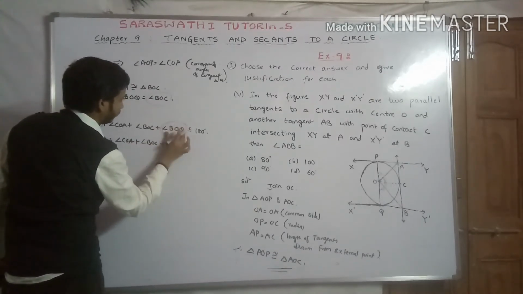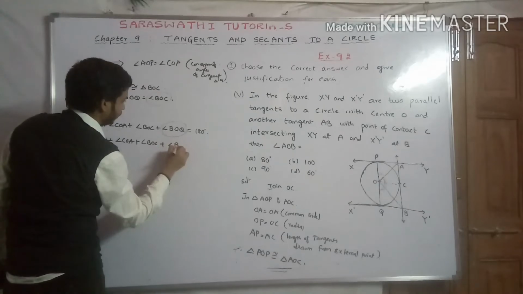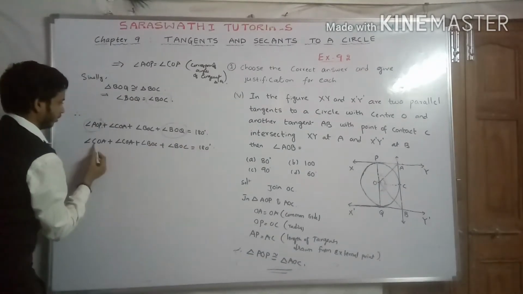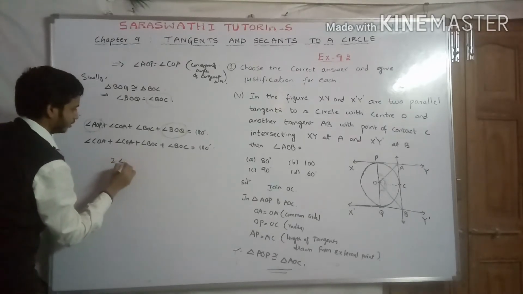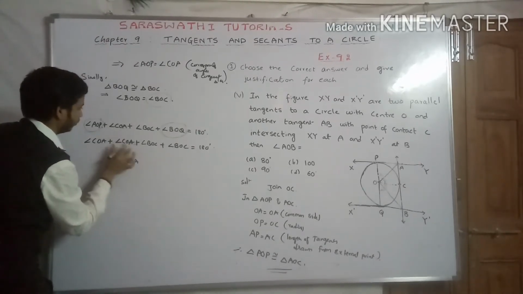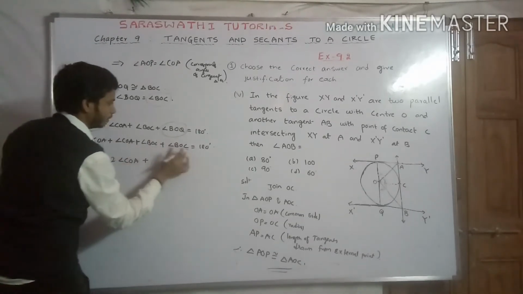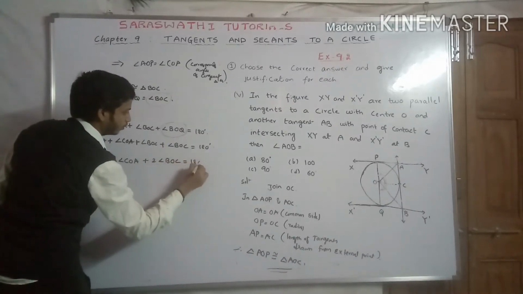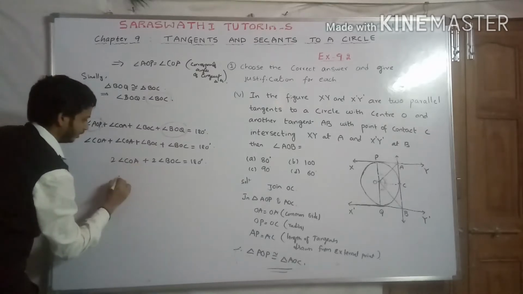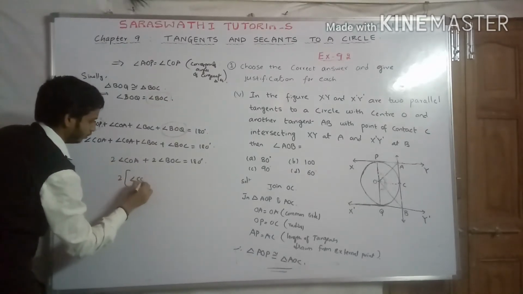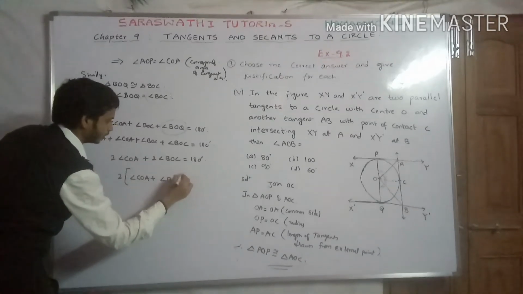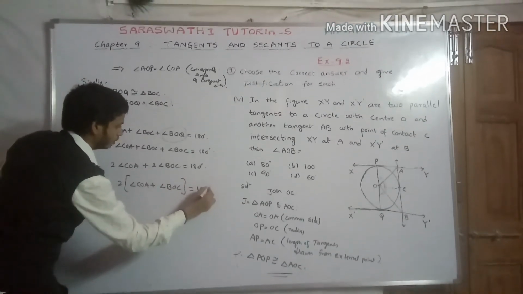So angle COA plus angle COA, two angles COA, plus angle BOC plus angle BOC, two angles BOC, equals 180 degrees. If we take 2 as common, 2 into angle COA plus angle BOC equals 180 degrees.